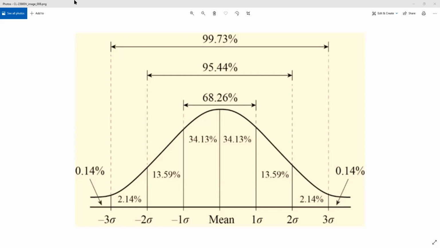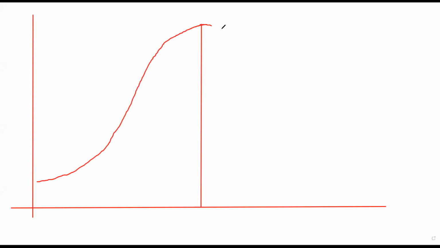I'll draw that same graph again like this. Let us suppose this is my graph, and I will take a middle value here somewhere. Let us suppose यहाँ पर मीन आया. ठीक है, all right.